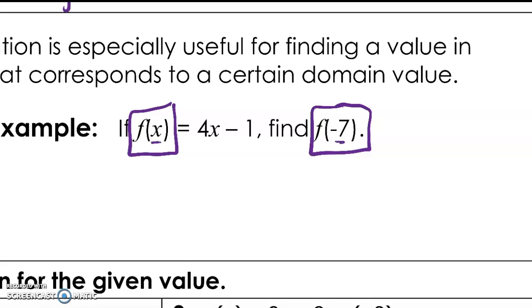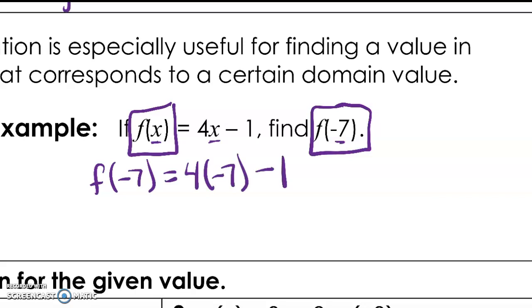So wherever there's an x in this first function, you're going to put a -7. So we're going to write f of -7 equals 4 times -7 minus 1. It's a lot easier just to always put your number in parentheses, or think about replacing the x with parentheses first and then putting the number back into those parentheses.